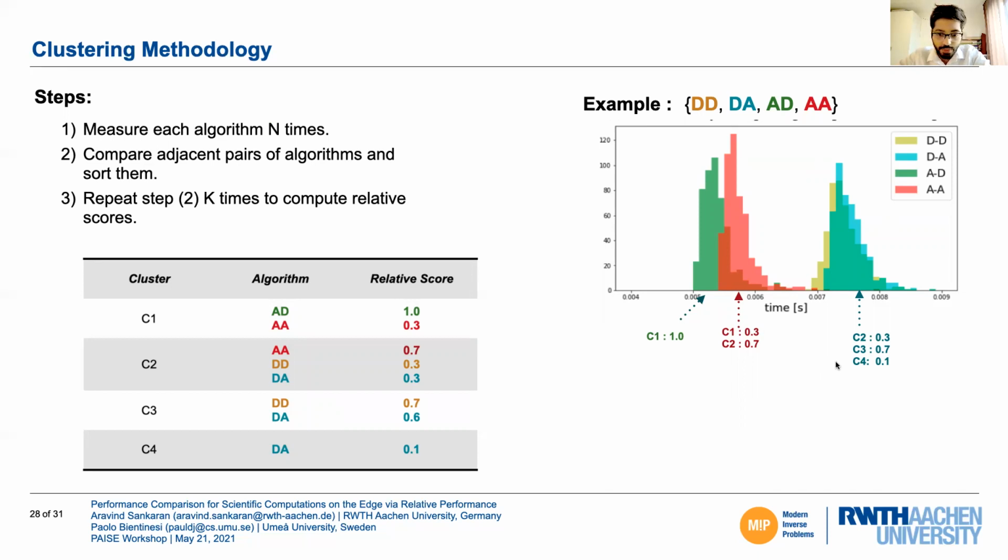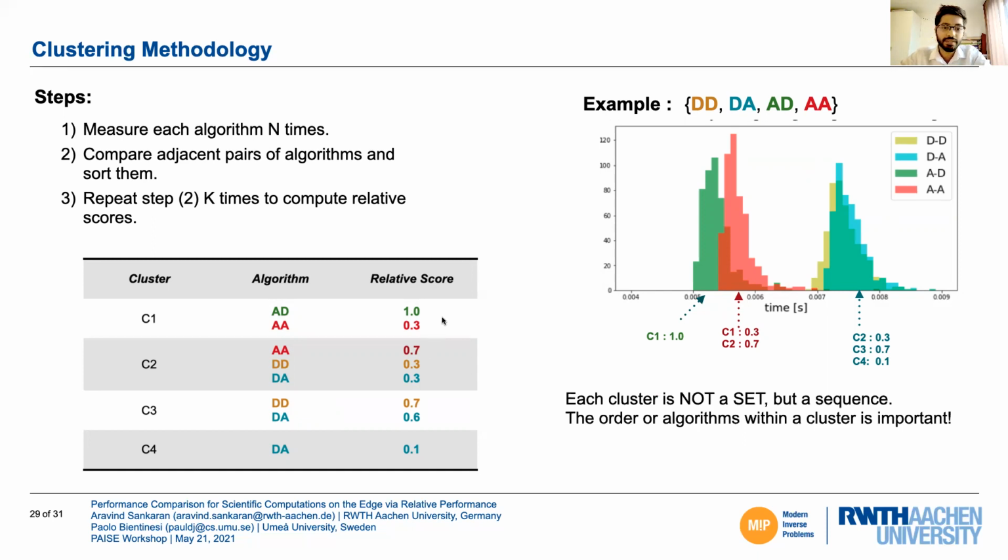And another thing, if you notice in this table, the light blue distribution, DA, and the red distribution, AA, are distinctly apart in the graph, but this table indicates a chance of being in the same class. This is kind of counterintuitive, right? But recall that there is an inherent ordering within each cluster, that although DA and AA are in the same cluster, DA can never come above AA.